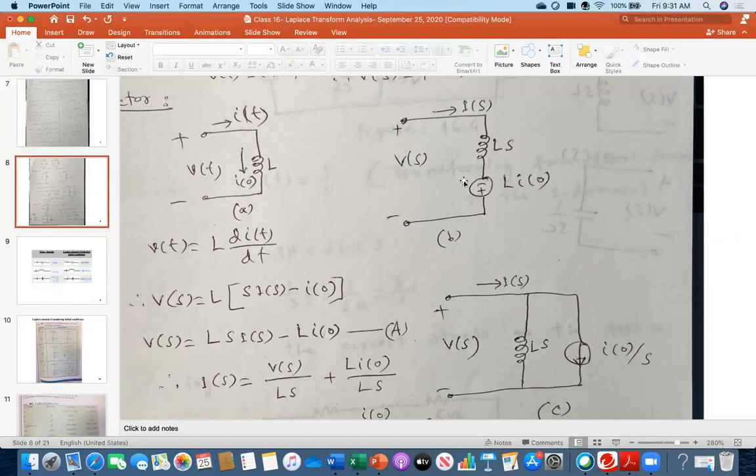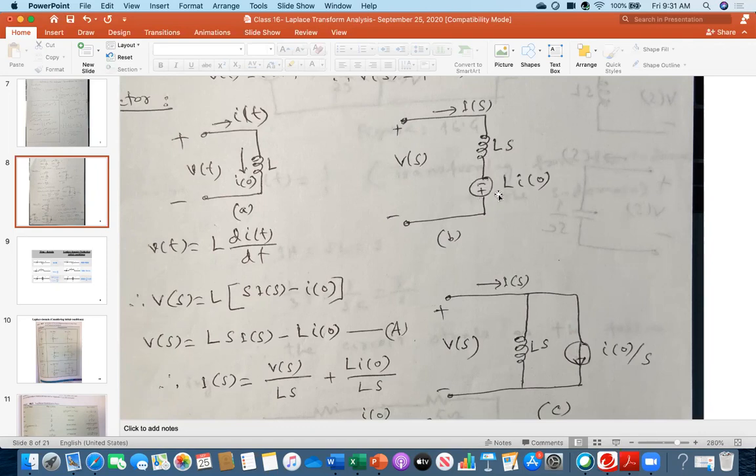The left side is the time domain representation for the inductor, and the right side is its Laplace domain equivalent. So when you notice an inductor, this will be your Laplace equivalent: L together with a source.